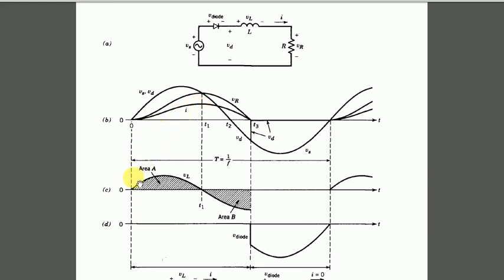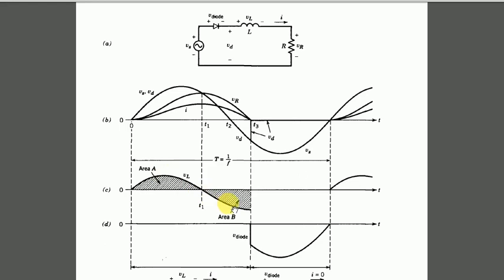Until that point, the voltage across the inductor remains positive. During this time, the current and the voltage across the resistor, if we take it separately, are in phase throughout this duration. We had discussed quite in detail how the overall voltage across the inductor behaves during this conduction interval, under the application of the principle of inductor volt second balance, that the net sum of these voltages should be equal to 0.